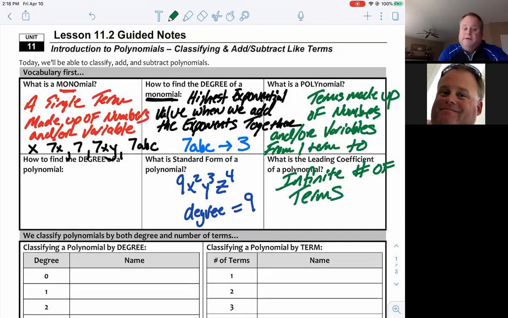Okay, so technically a monomial is a type of polynomial. A monomial is a polynomial.